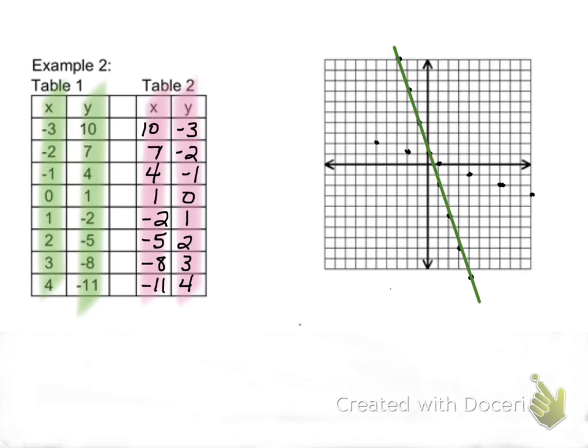Negative 8, 3. And negative 11, 4. Okay, so then we're going to try to put a line through that. Okay, so we're going to try to start here and connect the points. And we have another line. And I missed some of the points, but it's a pretty good line.